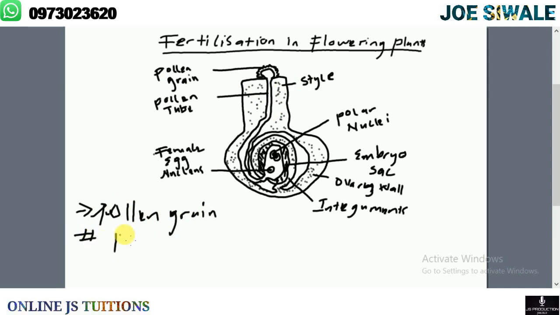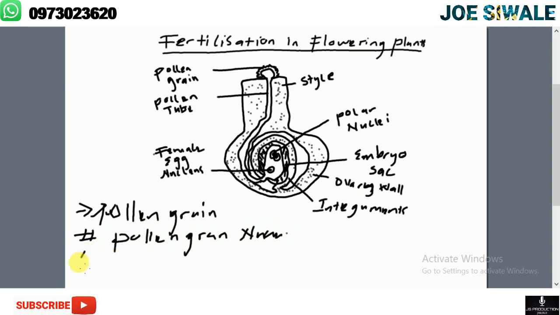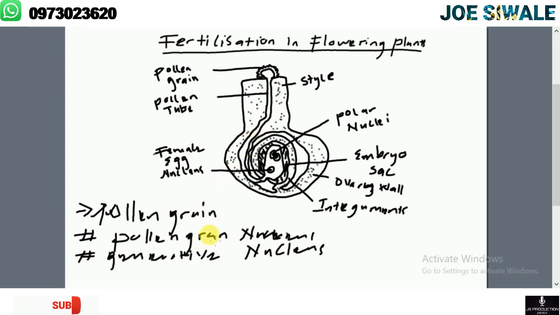We have the pollen grain nucleus, and we also have the generative nucleus. The pollen grain nucleus will be developing this pollen tube. That's the function of the pollen grain nucleus.